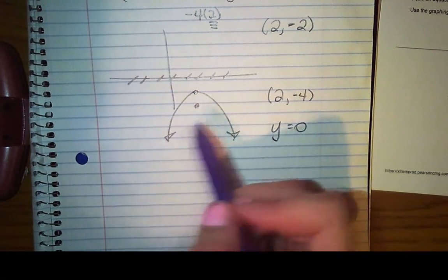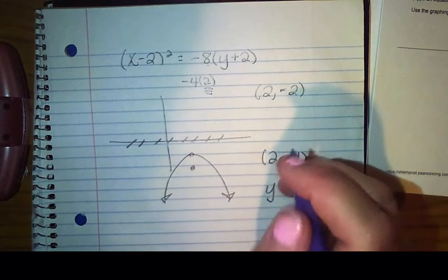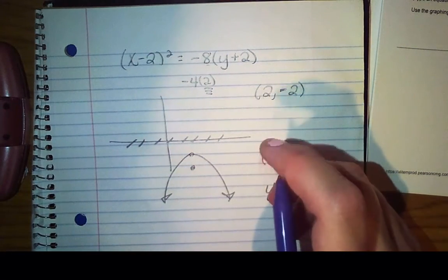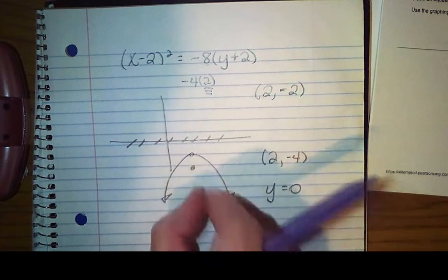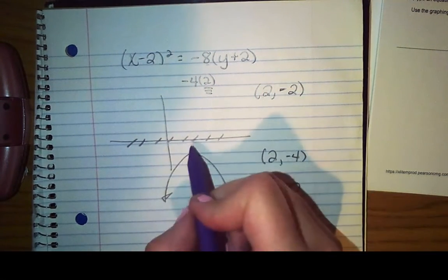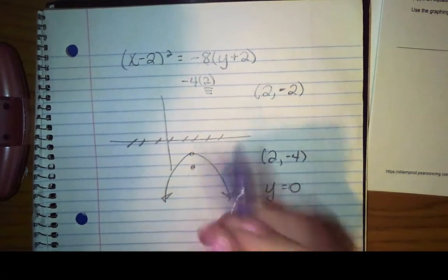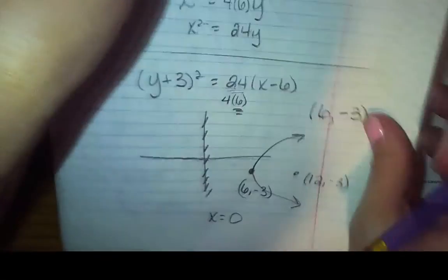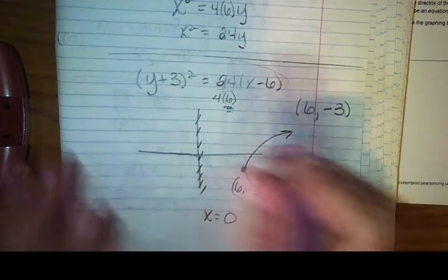Another thing: when you're plotting these, you need to grab just an additional point because you've got to tell it how wide or how narrow to open. What I would do is grab a point either left or right from your vertex, or in this case, up or down from your vertex, and just shove that value into your equation.